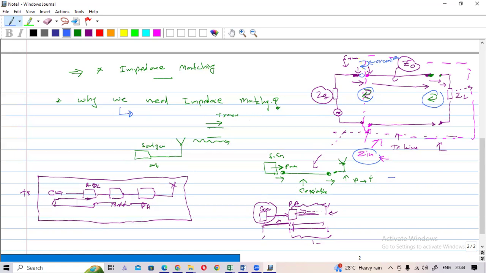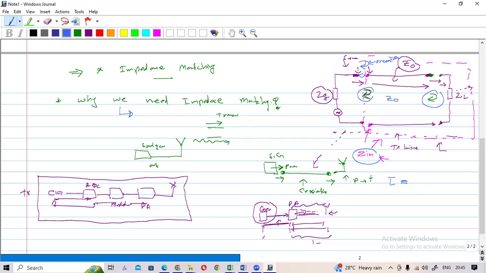So maybe you can remember that reflection can be found using this impedance. Let's say here is ZG and here it is Z naught.